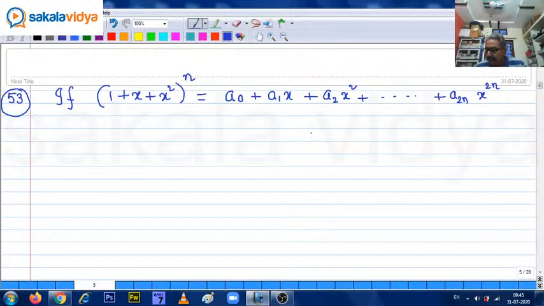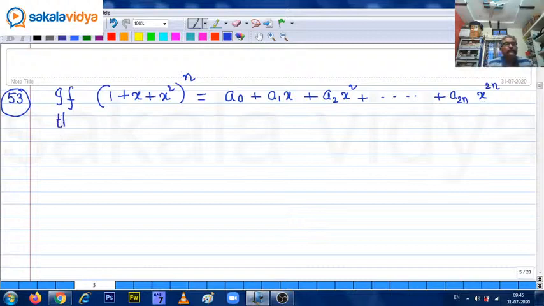Okay, Prasad, I will explain. Okay, you have another method, just type it in the comment section. Right. 1 plus x square whole to the power of n equals a0 plus a1x plus a2x square plus so on plus a2n x to the power of 2n.